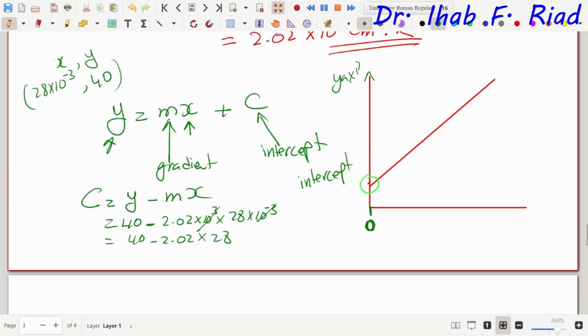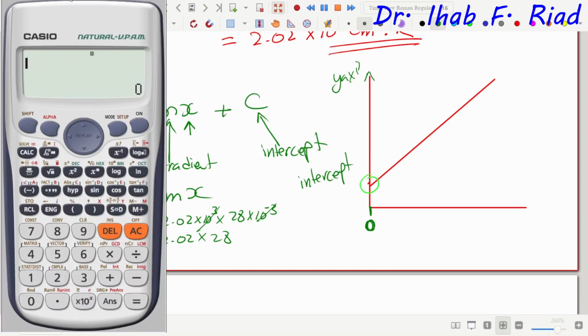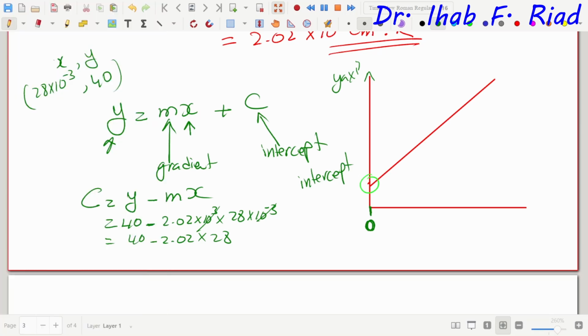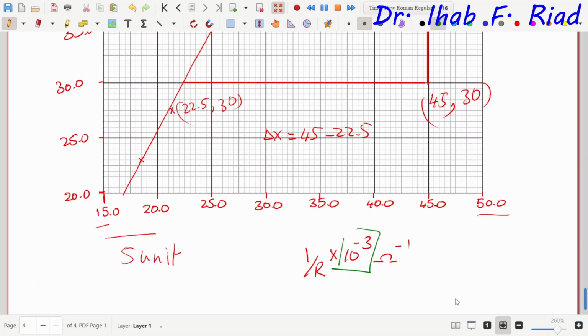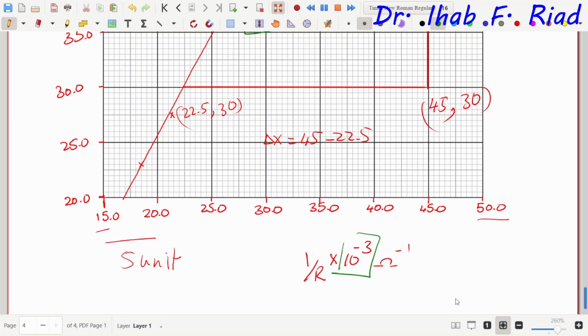Let us do the math. 40 minus 2.02 times 28, minus 16.56. So the intercept is minus 16.56.